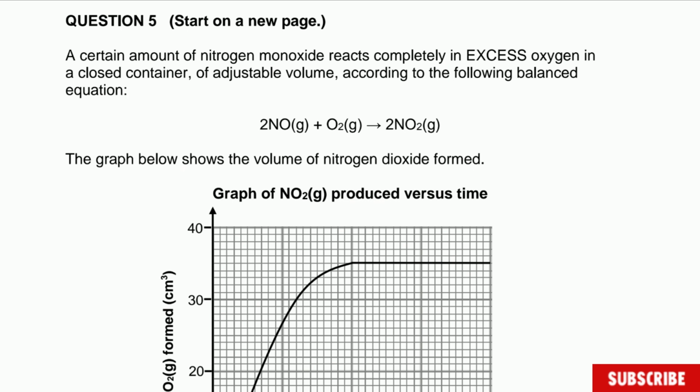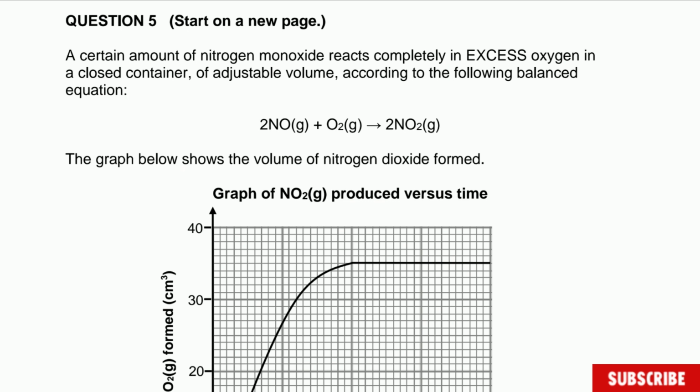Now we're going to start with this question. This question states, a certain amount of nitrogen monoxide reacts completely in excess oxygen in a closed container of adjustable volume according to the following balanced equation. And then you have the equation of nitrogen monoxide reacting with oxygen to produce nitrogen dioxide.